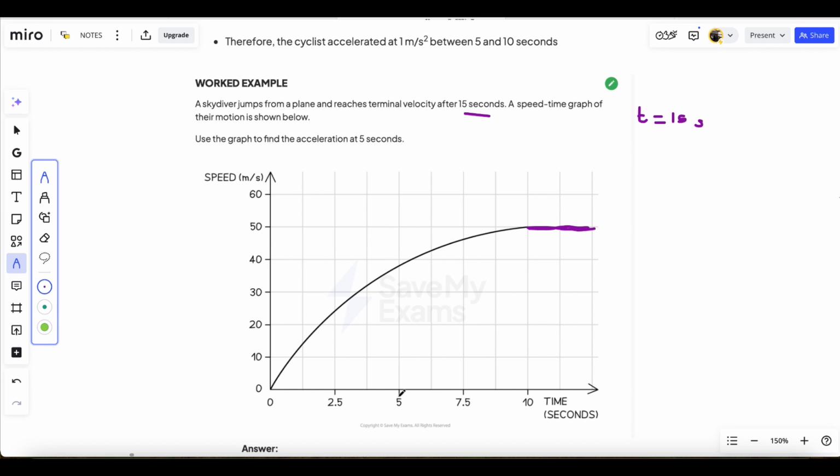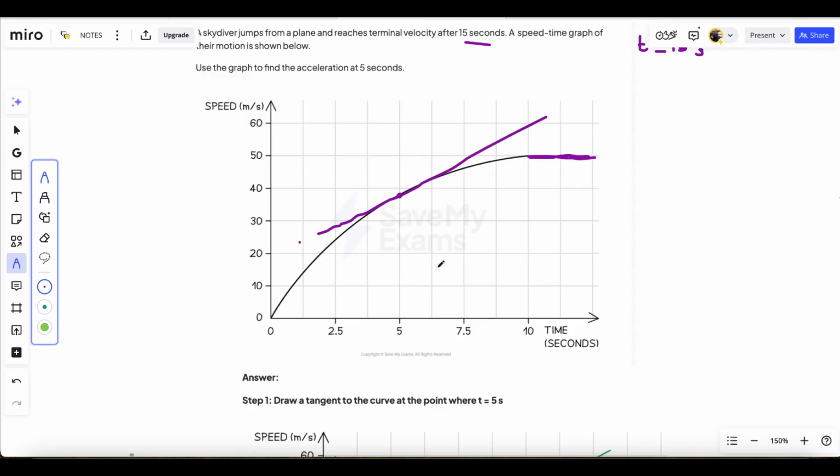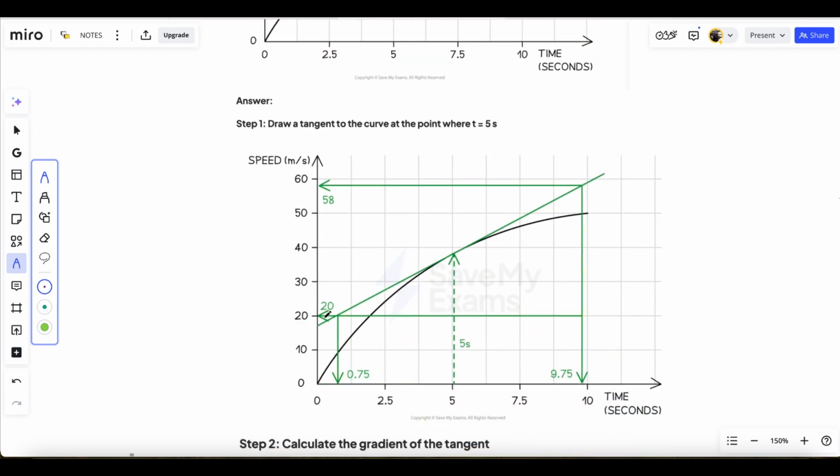After 5 seconds is here, so you trace it here, and you draw a tangential line. A line that will be tangent to that point. And then when you draw a straight line, you'll be able to calculate the gradient based on this. Look at it. You draw a tangential line at 5 seconds.